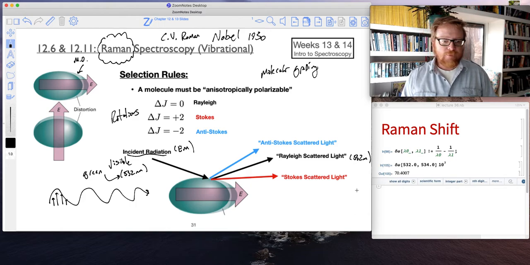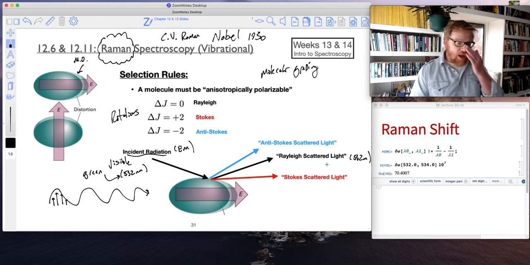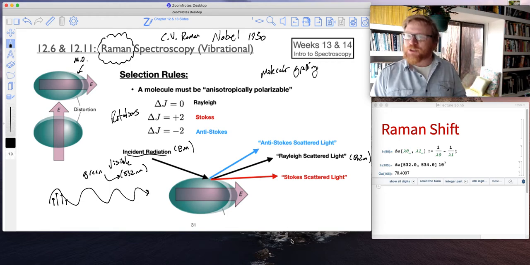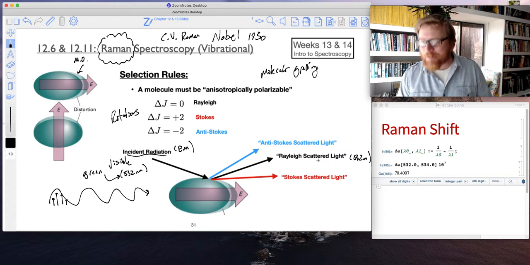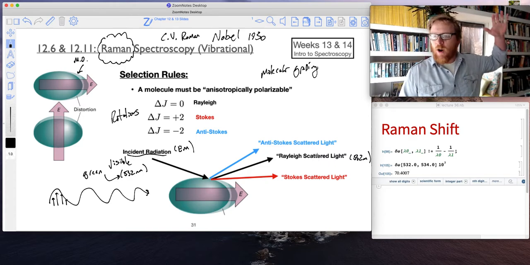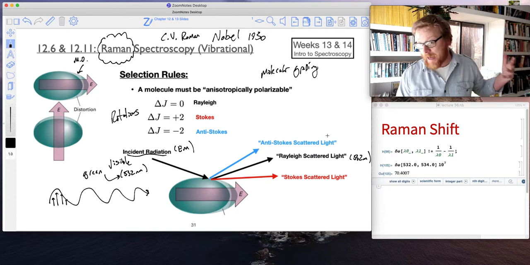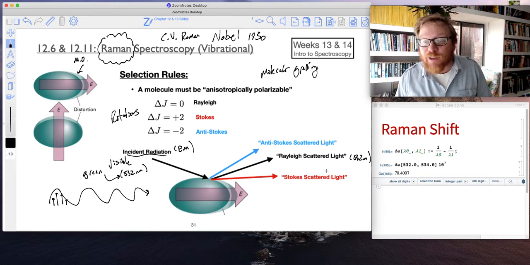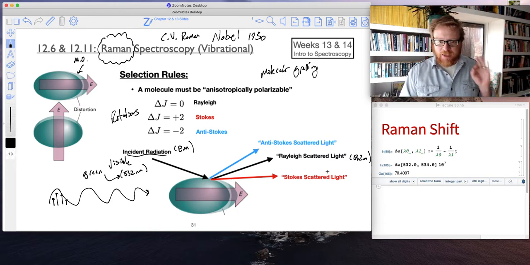Okay? And in fact, the Rayleigh light scattering effect is the description of why the sky is blue, right? There are very small molecules out there, and so the atmosphere is made up of very small molecules, particularly nitrogen. Nitrogen is the right size to scatter blue light quite effectively.